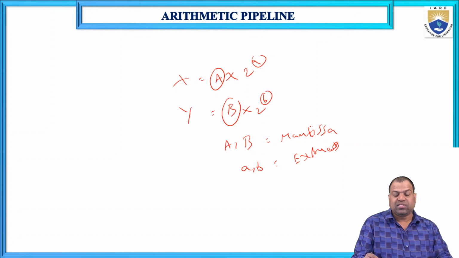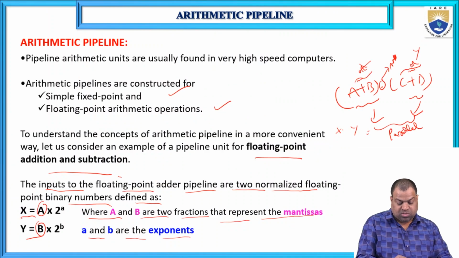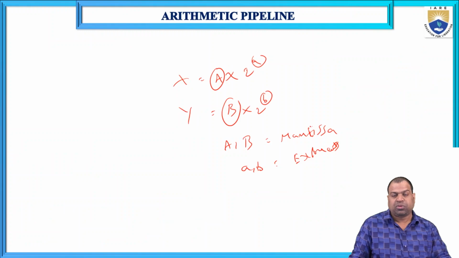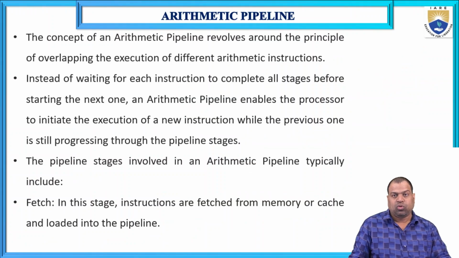So we have to balance the mantissa and exponents. So it is one example. Here X equal to A into 2 power a, Y equal to B into 2 power b. We have to do addition and subtraction later. But we have to go for what is the process and what are the conditions for performing pipeline arithmetic.